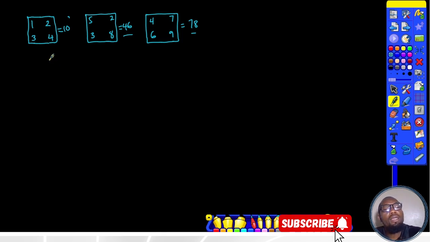So if we try multiplications, a lot of time when you have numbers presented in grids like this, one of the things you want to really try is to check cross multiplications. Cross multiplication is a possibility. It's a new trick we are learning today.